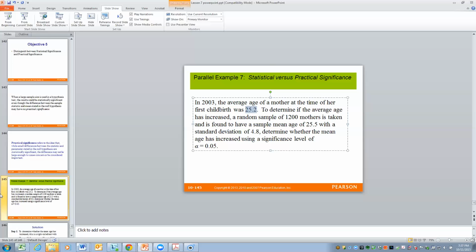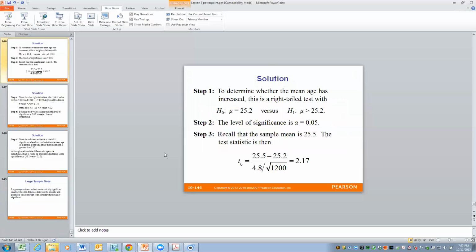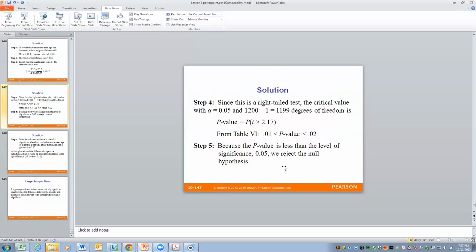So practically speaking, there's not really a difference between 25.5 and 25.2 in how we'll handle the situation, but because of the large sample size that we took, there will be a statistical significance. If we go through the process, we get a t-value of 2.17 with 1,199 degrees of freedom.